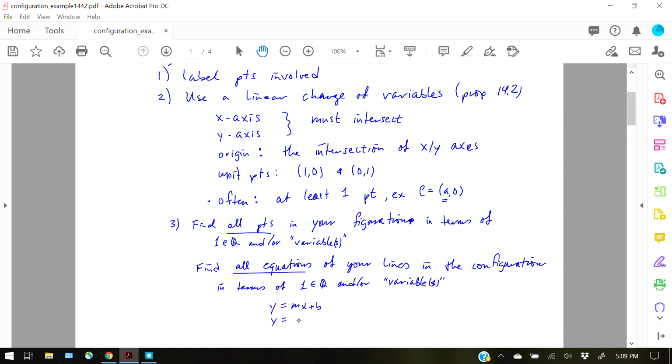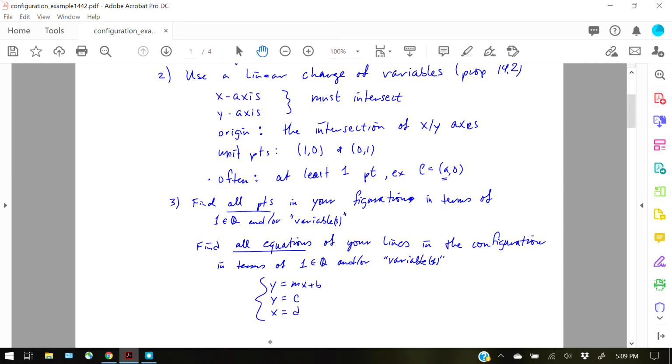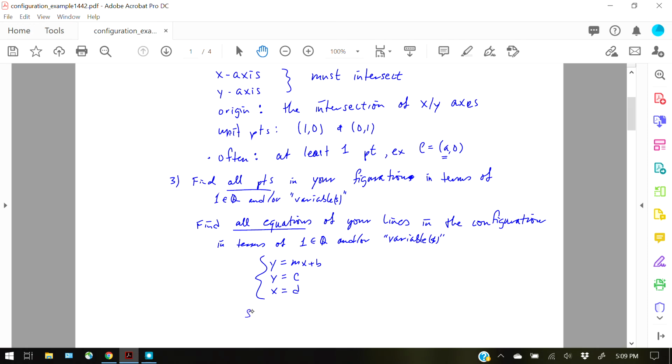You could also just have a constant, and you could also have a vertical line. So here what this tells you is the m, the b, the c, and the d. All of those guys need to be written in terms of fractions and the variables.